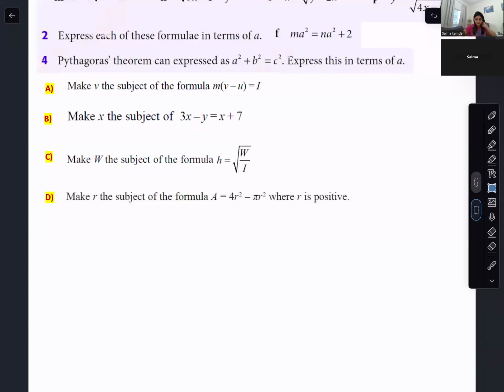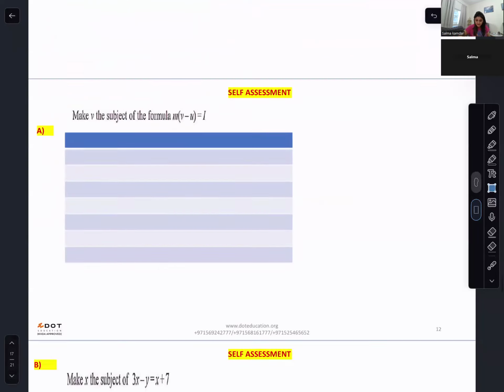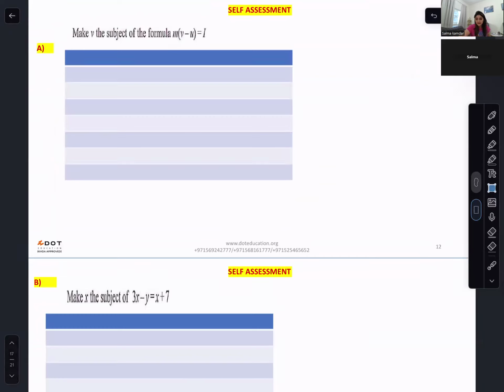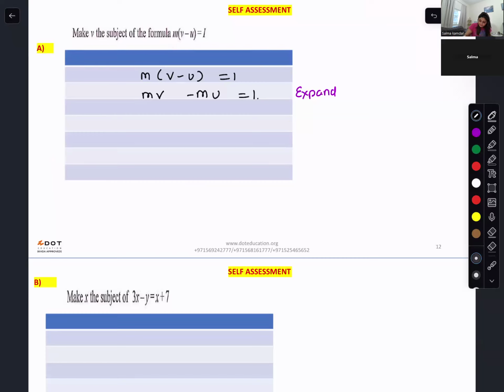Let's continue with the A, B, C, D of this. You want to make V the subject of the formula. How do I make V the subject of the formula? You'll write it m(v minus u) is equal to 1. What you can do is first expand the bracket. So this will become MV minus MU is equal to 1.